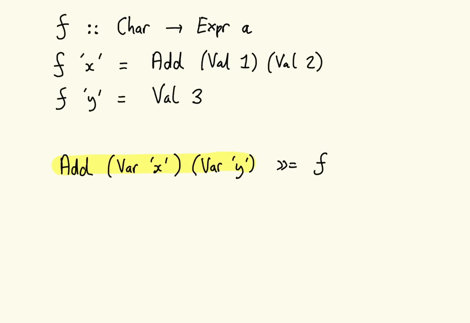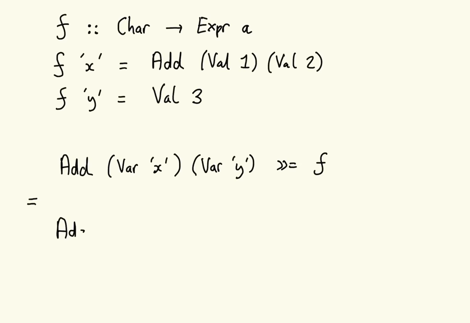So this is x plus y written as a value in the expression data type, and I'm feeding it into the substitution called f, and what we'll see is that this is actually going to substitute these two expressions in for x and y. So if you actually track through the details and you type this in, what you'll find is that you get exactly what you would expect.